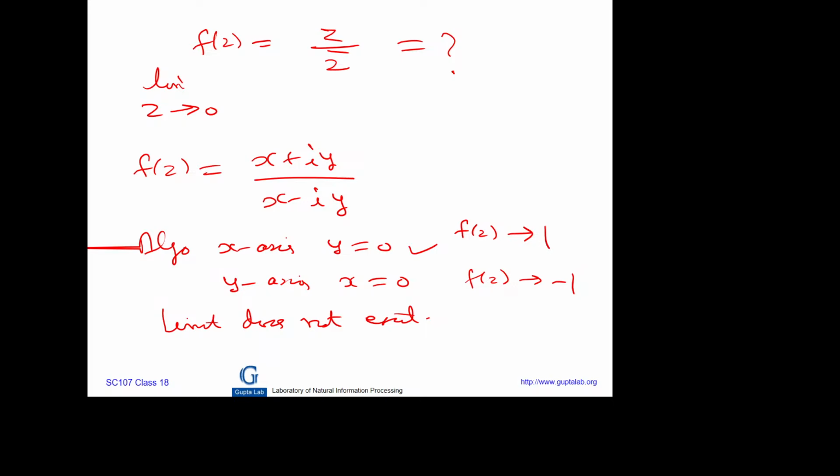So this complex valued limit exists if and only if the corresponding two variable limits exist for the component functions. And this result is if and only if; this can be proved using epsilon delta.